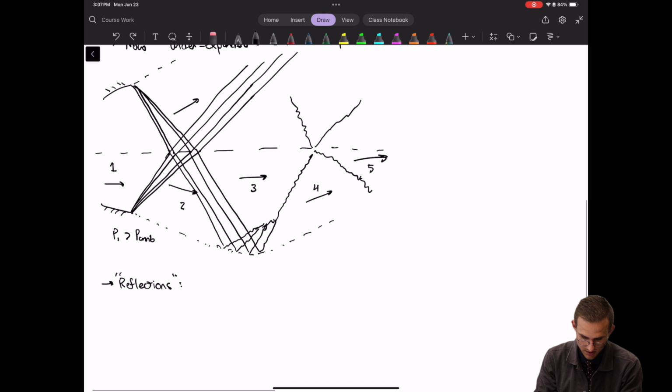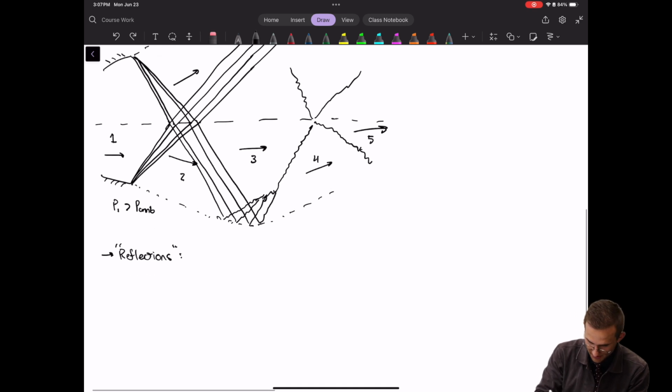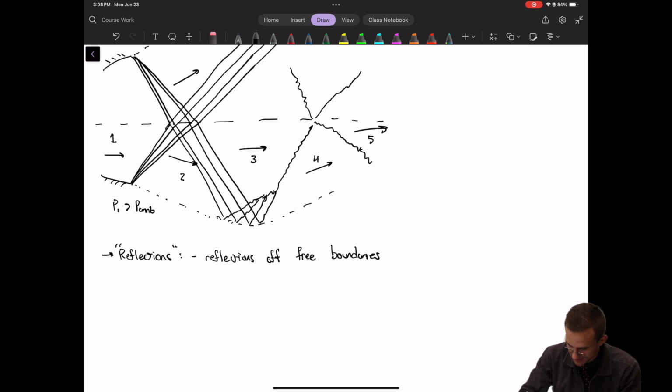So you can look at it like this. You can say reflections off free boundaries cause the wave to change character.